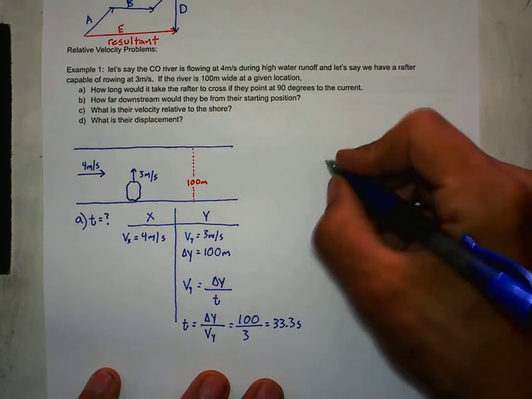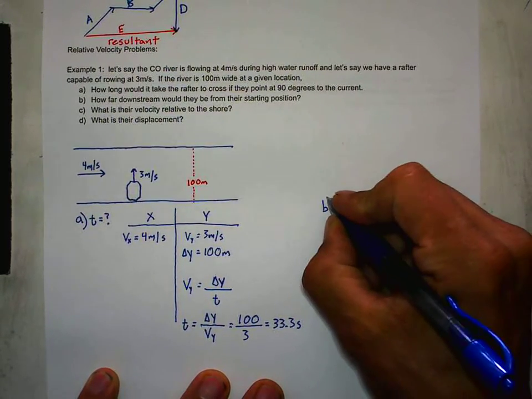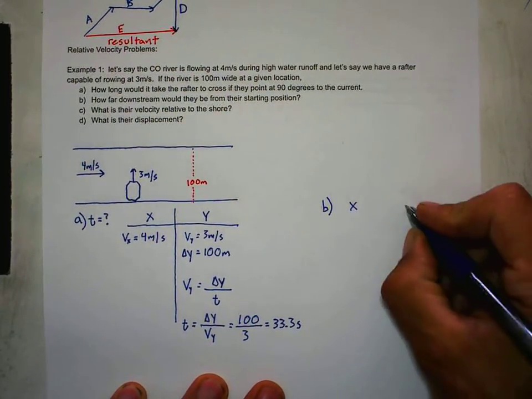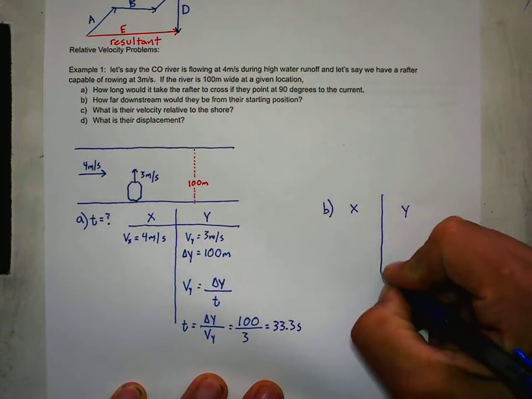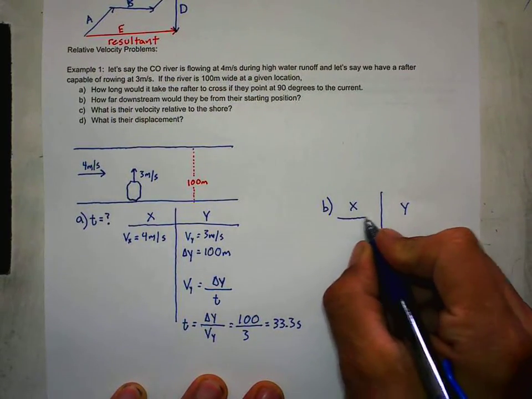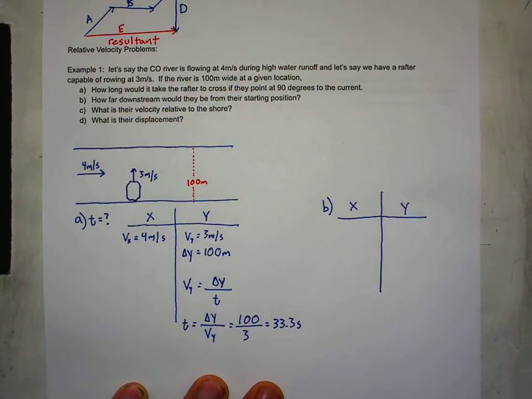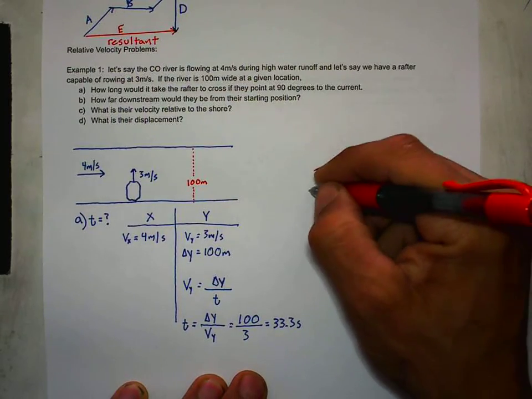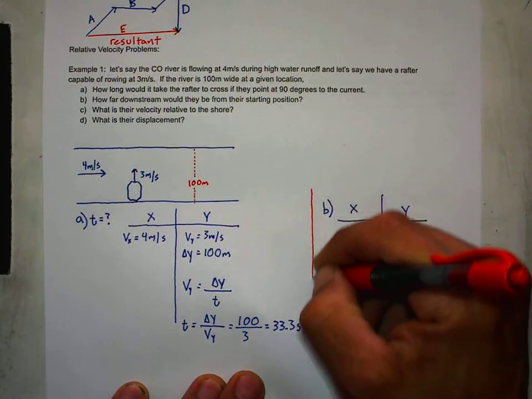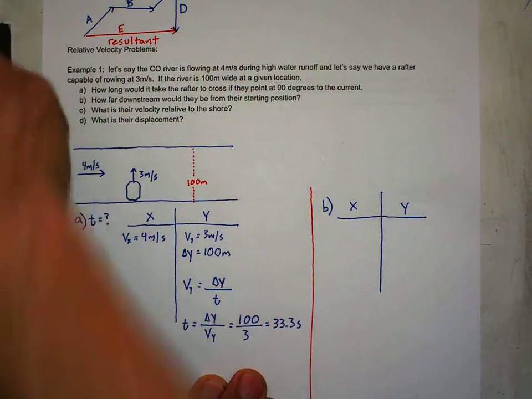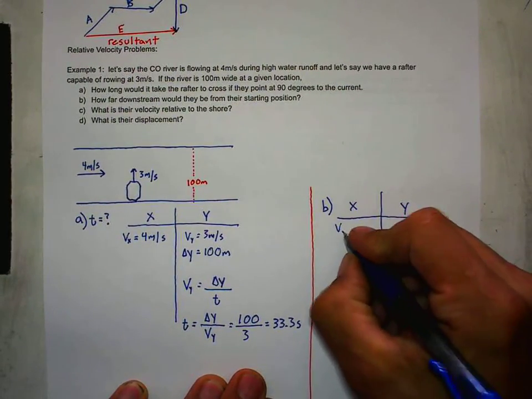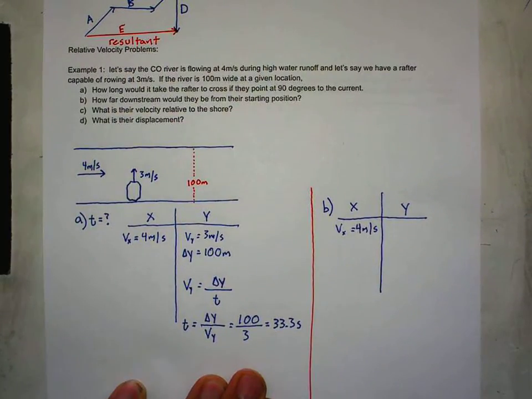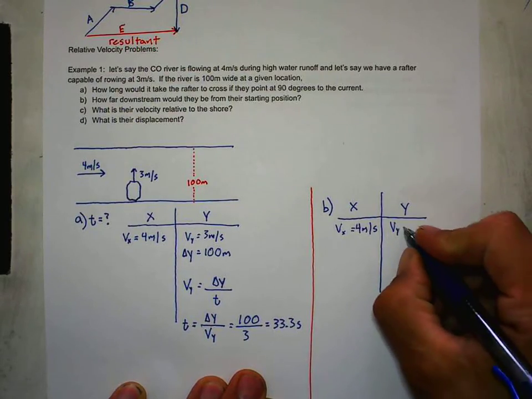All right, part B. I'm going to go over here and let's work on part B. X, Y. Part B asks us how far downstream would they be from their starting position. Again, Vx equals 4. Vy still equals 3.